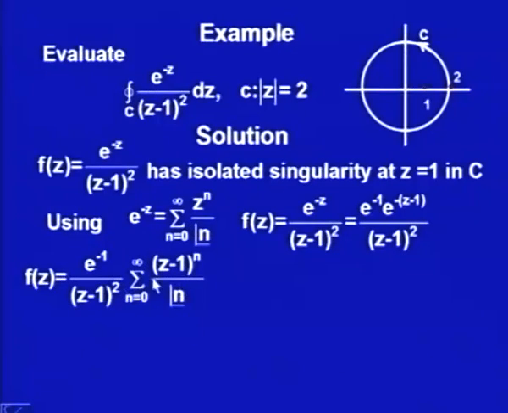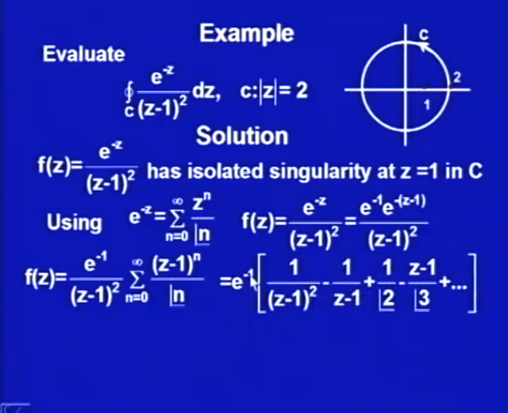So it would be the summation, n running from 0 to infinity, of (z minus 1) to the power n upon factorial n. Now if I take this, what would I get? I would get e to the power minus 1 times [1 upon (z minus 1) squared, minus 1 upon (z minus 1), plus 1 upon factorial 2, minus (z minus 1) upon factorial 3, plus (z minus 1) whole squared upon factorial 4, and so on].